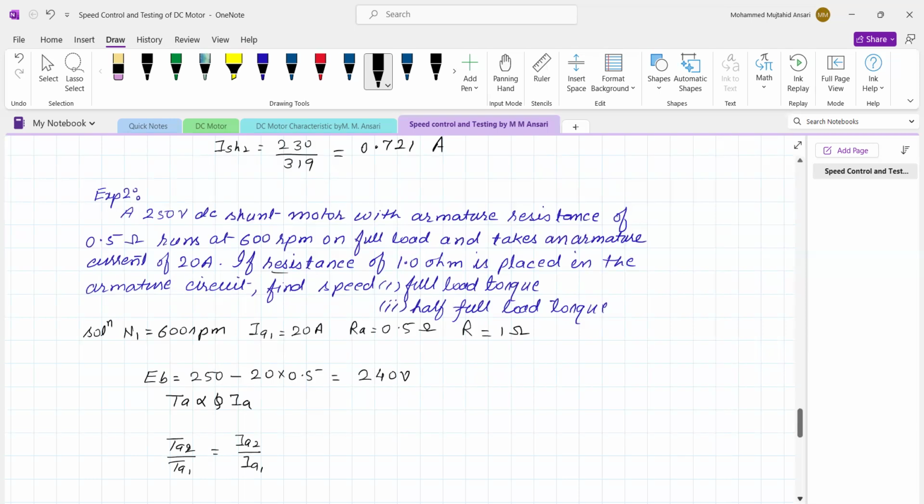Since we are to find the speed at full load torque, the torque is not going to change in the first case.